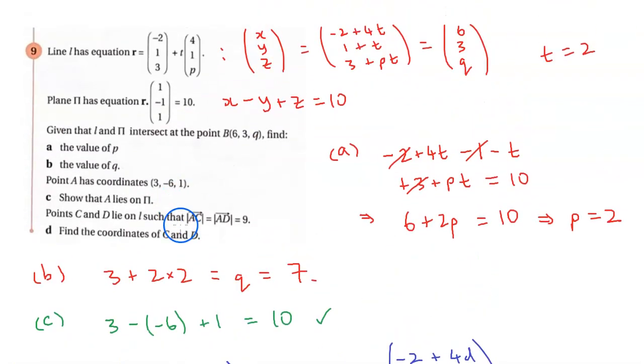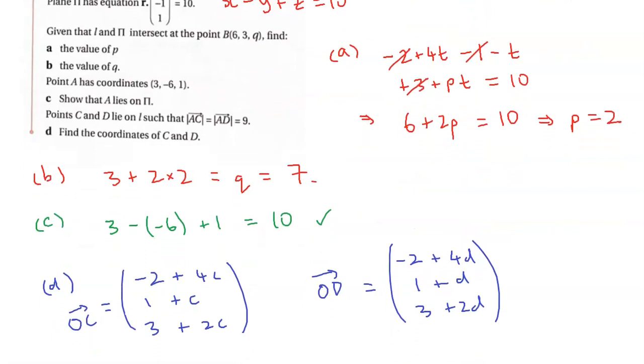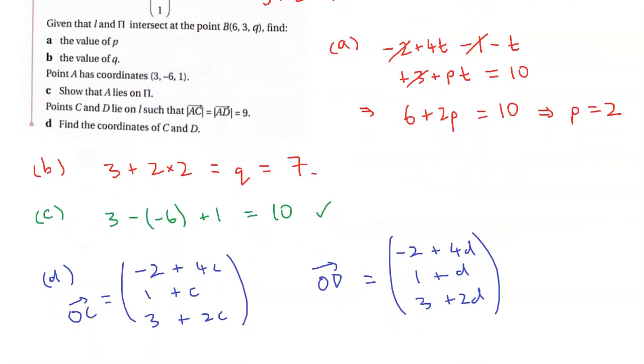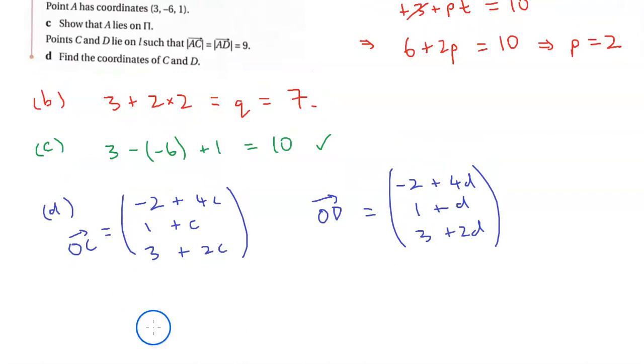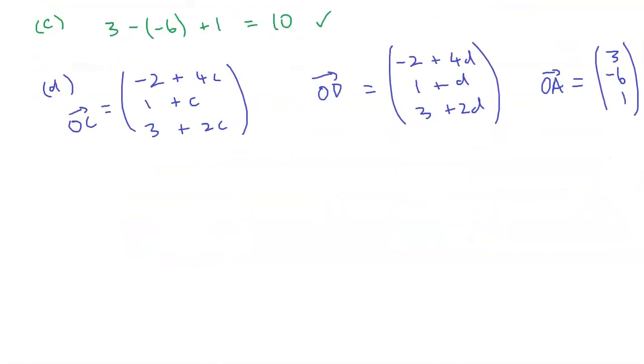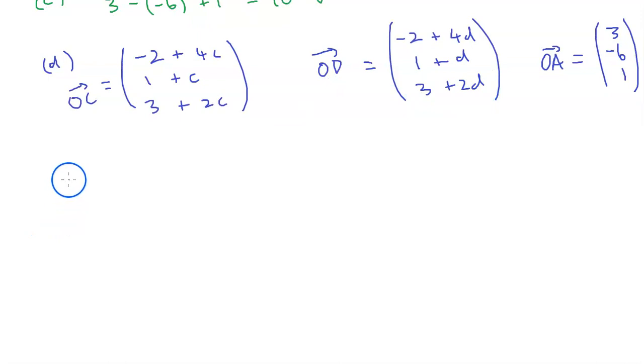So the length of AC is equal to the length of AD is equal to 9. First of all, let's write down OA. OA is equal to (3, -6, 1). So AC is the vector OC minus OA.